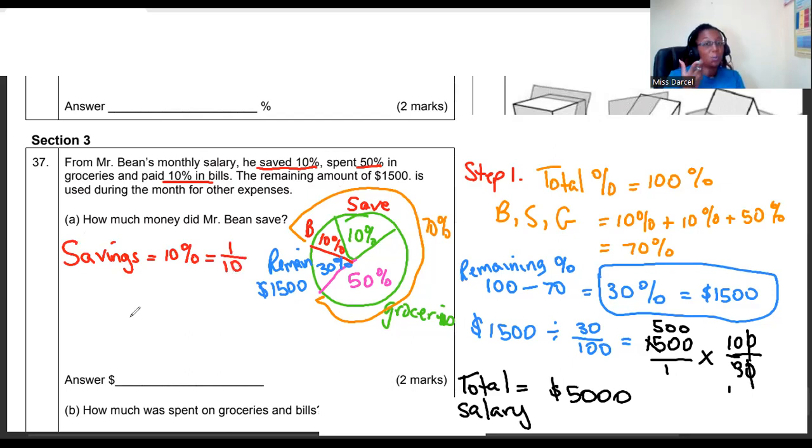Right? We know his total salary is now $5,000. So all we have to do is find 1/10 of $5,000. Cancel one, boom, $500. We just did it. All right, so in terms of dollar amount, he saved $500.